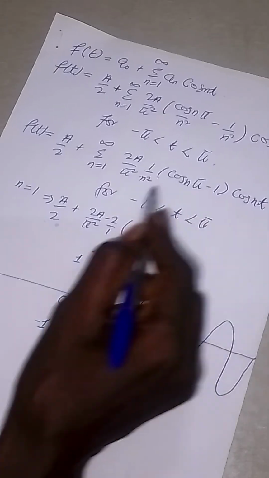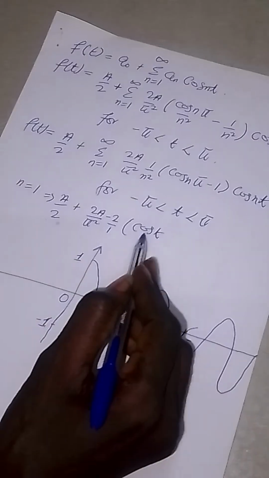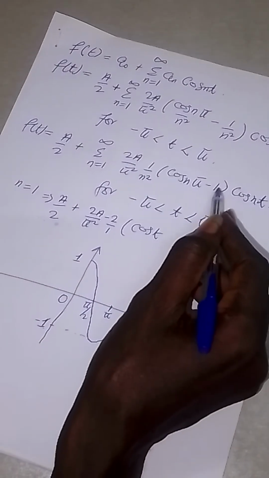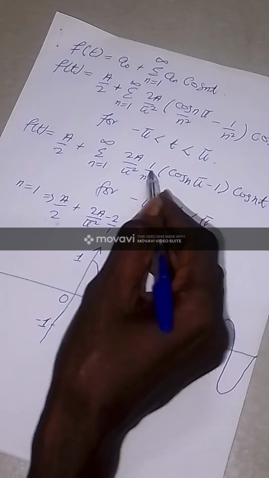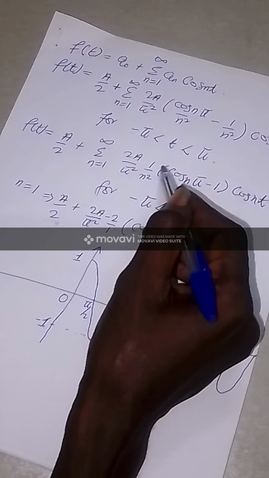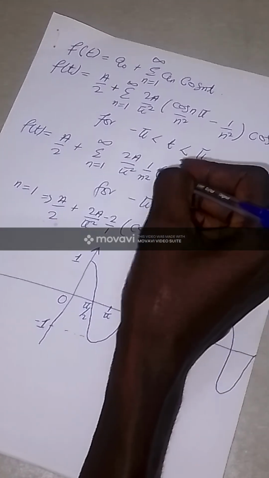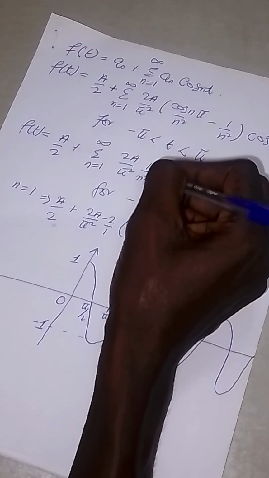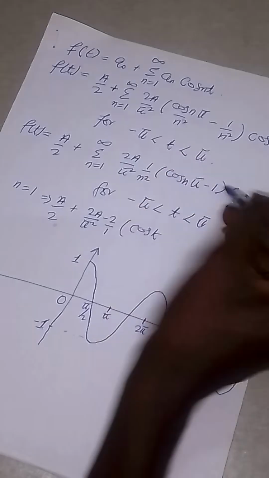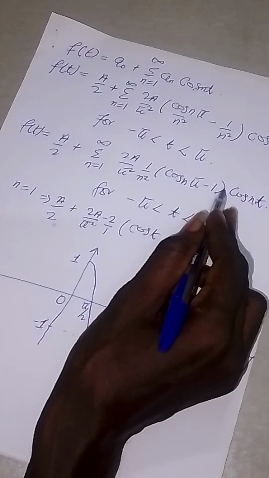So minus 2 out, and then I'll have this one which is over here, which will be 1 over n squared. So now I'll have minus 2.